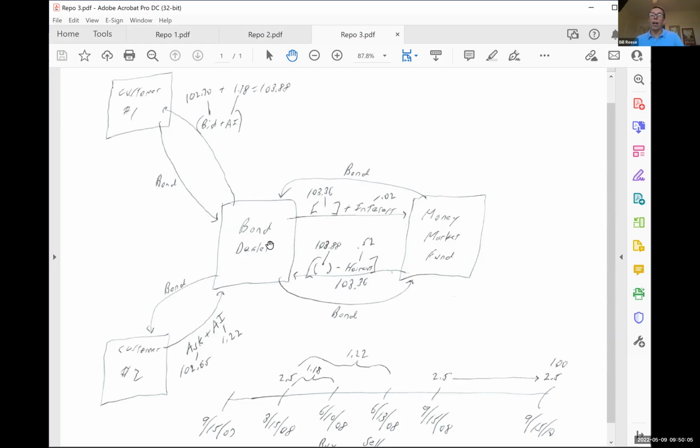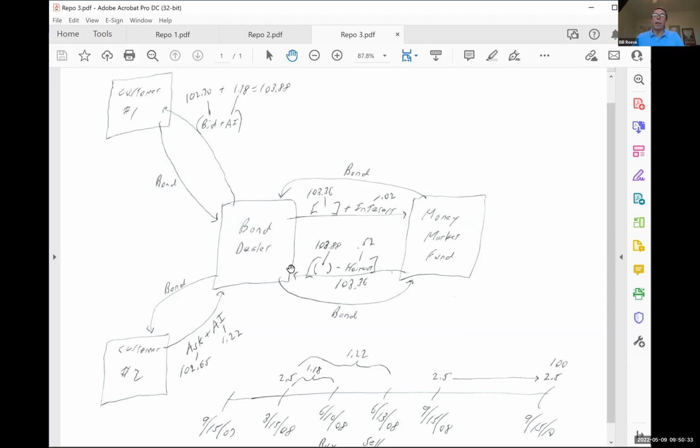The haircut just means that what the money market fund sends to the bond dealer is less than the value of the bond. It's going to be about 50 basis points, or 0.5% less. So that's going to be 0.52. So the value of the bond established right up here was 103.88.